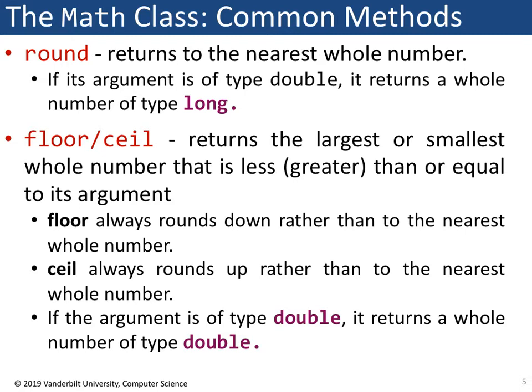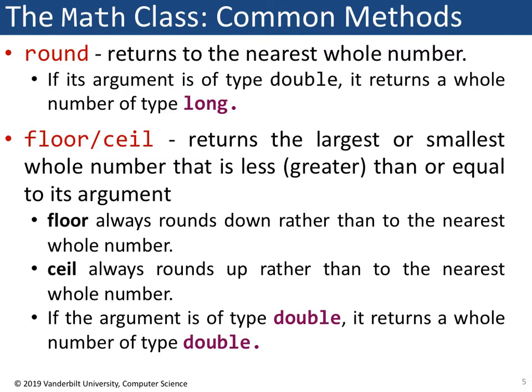Something to know: if you provide an input of type double, then the output which is returned will also be of type double, but it will be a whole number. So rather than returning an integer or a long, it will return a double which has a decimal component equal to 0. So pass 3.2 to floor, it will return 3.0, which is different from round, right?